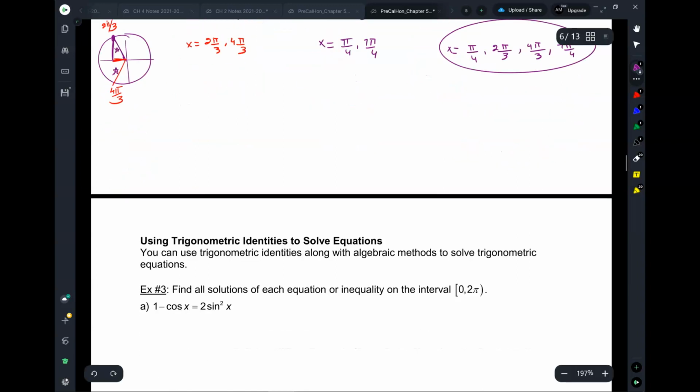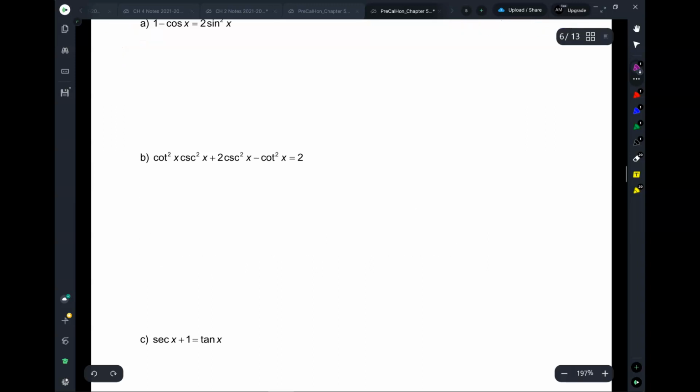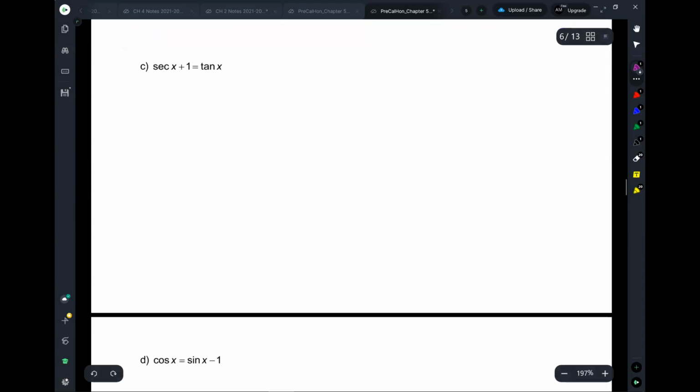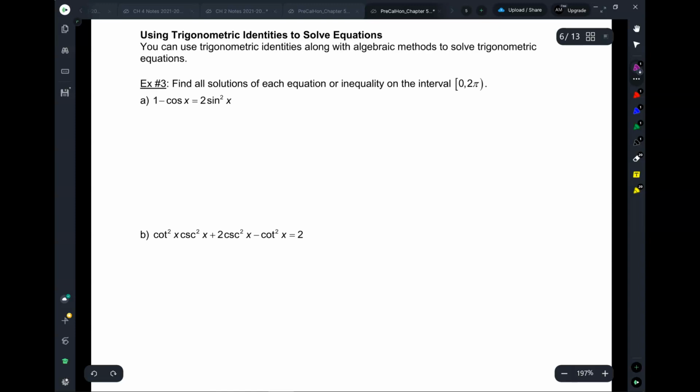Okay? All right. Now, what if we have to use trig identities? Okay, so look at this one. You can use trig identities to solve these.